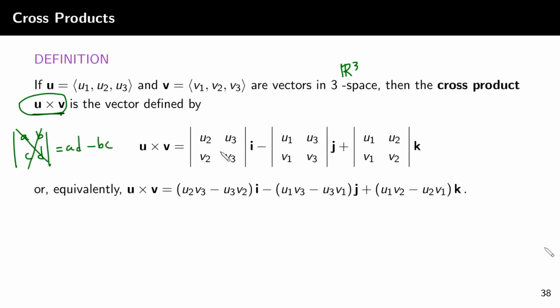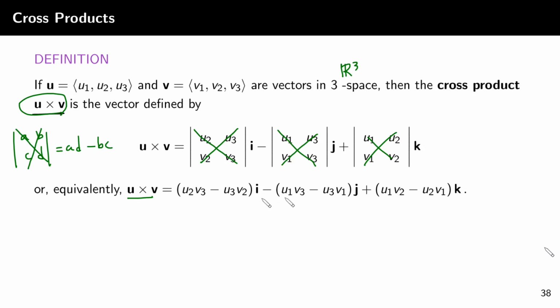So dito meron tayong u2 times v3, which is this one, minus u3 times v2. Okay, yan yung i component ng cross product. And then minus ito naman u1 v3 minus u3 v1, ito naman yon, and then times j, plus u1 v2 minus u2 v1, ito naman yon, and then times k.